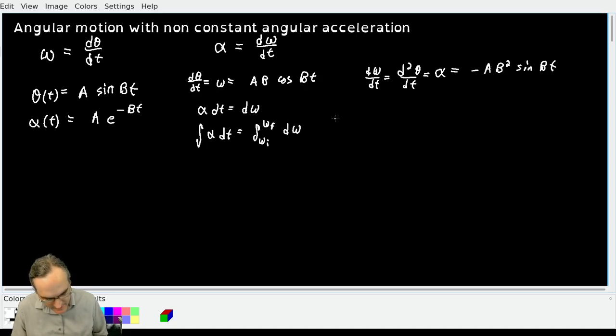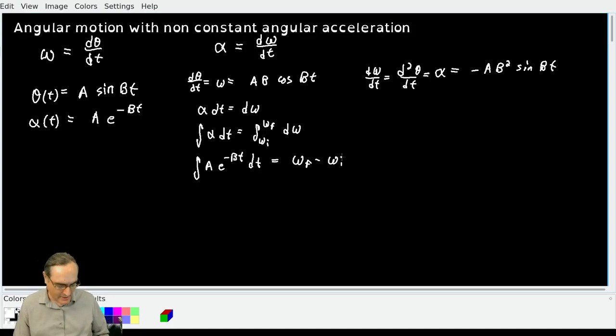For this specific case, we'd have to do a chain rule type thing, a u substitution. So a e to the minus bt dt would be equal to omega final minus omega initial. So we have to know initial conditions to make use of it. We'd integrate this from 0 to the current time.